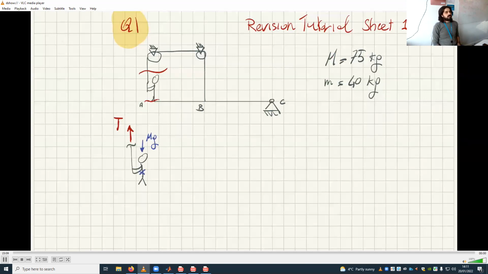And there will be a reaction force, of course, a normal force from the beam. Which direction will that take? It can only be up.